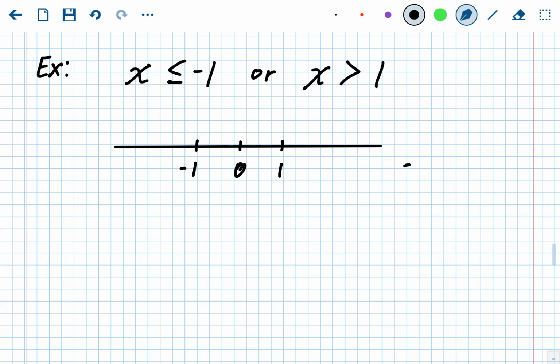And then you graph each one separately, but on the same number line. So the first inequality, x is less than or equal to -1. That's going to be closed circle at -1, shaded to the left. The second inequality, x is greater than 1. That's going to be an open circle at 1, shaded to the right.